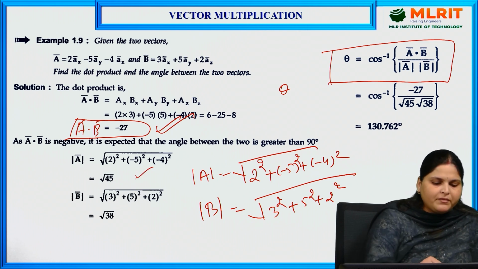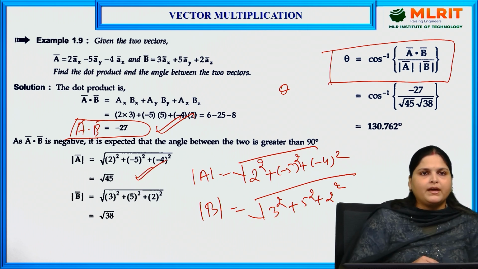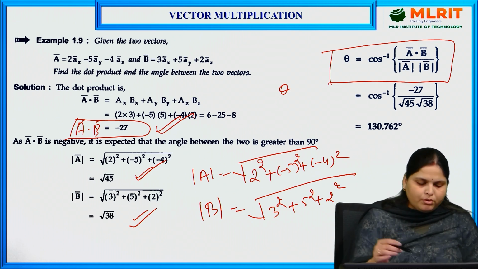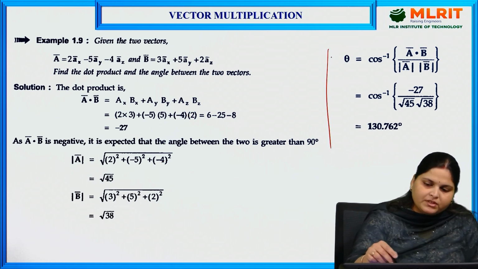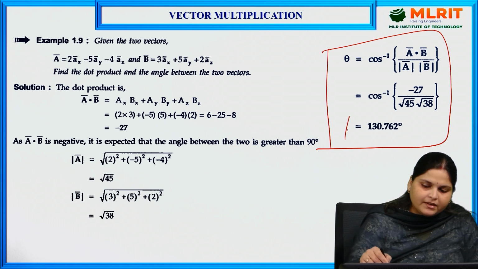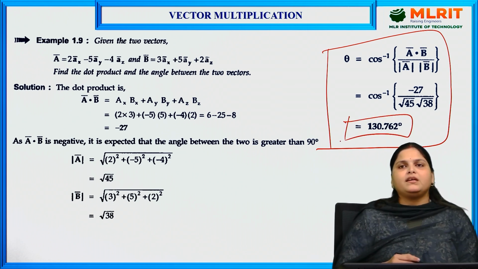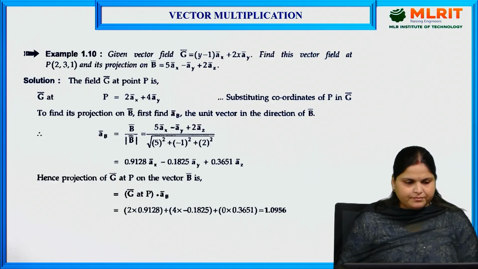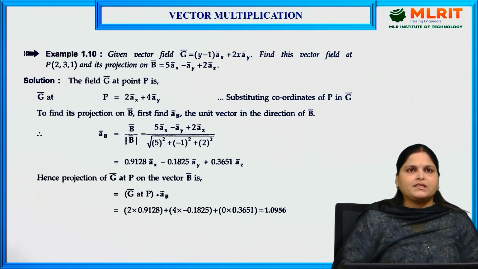So mod A we are getting as root 45, mod B root 38. So when we put everything into this formula, we get the theta angle as 130.762 degrees, right?